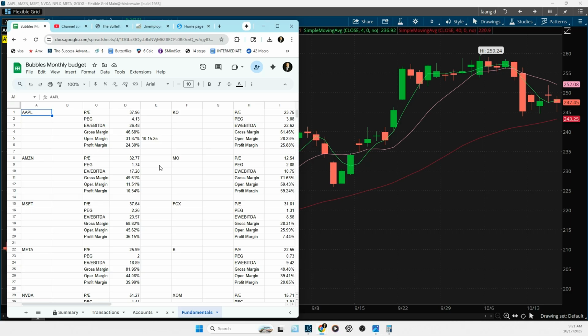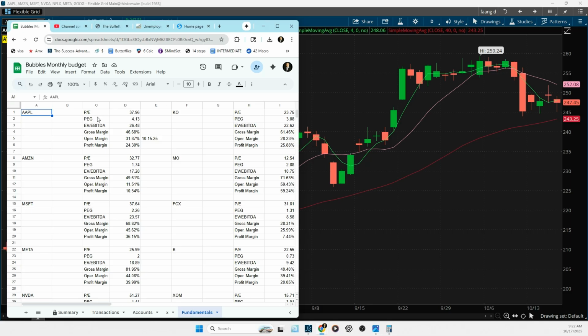And if we can get a full picture of Apple by looking at both at the same time, the technical and the fundamental, then we have a better idea of this facet of the stock market, Apple. And then, of course, we'll do it with all the Mag 7 stocks. However, in this next couple minutes, we're just going to do it with Apple as far as more of a detail. So Apple, we see a PE of 37.